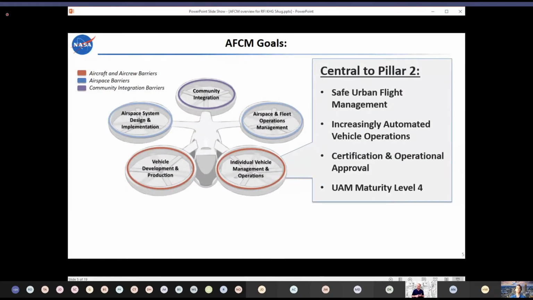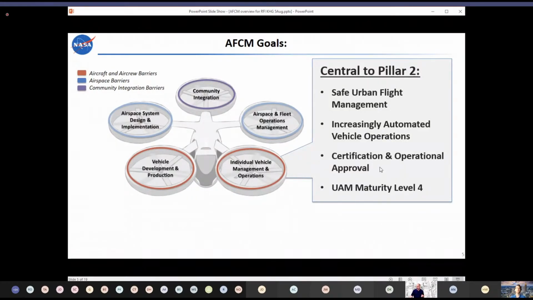So we're looking at both on and remote piloting in the context of AFCM, along with simplifying that process of becoming a pilot. The increasingly automated operations is simply important to providing the task performance and precision required of UAM.